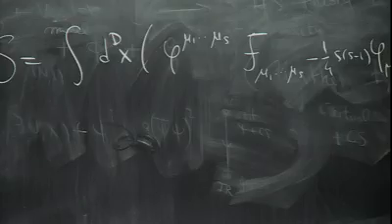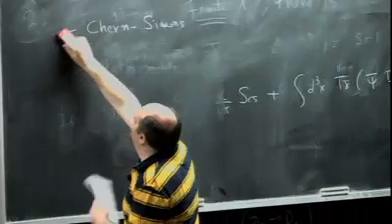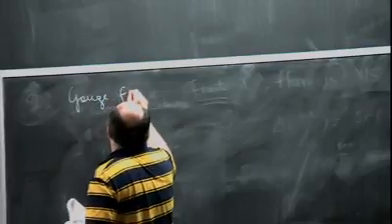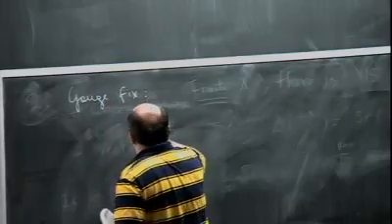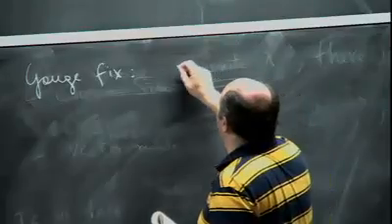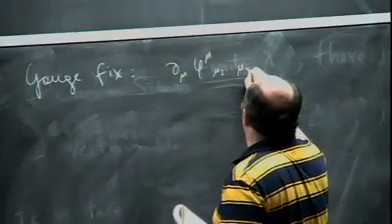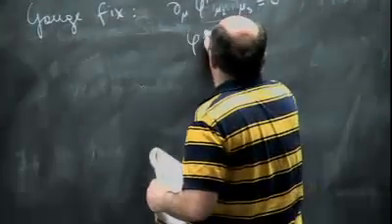Now to see what the propagating degrees of freedom actually are, you have to gauge fix, right? And you have to check that this model correctly describes the polarizations that you expect for a massless field. Okay. So one convenient way to gauge fix is to use the gauge symmetry to choose the field to be transverse and traceless.